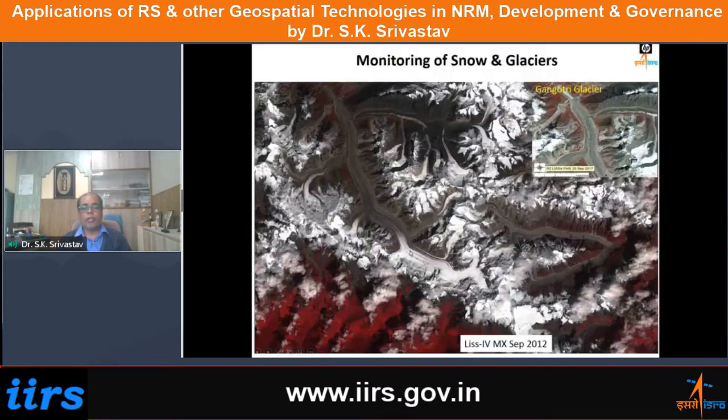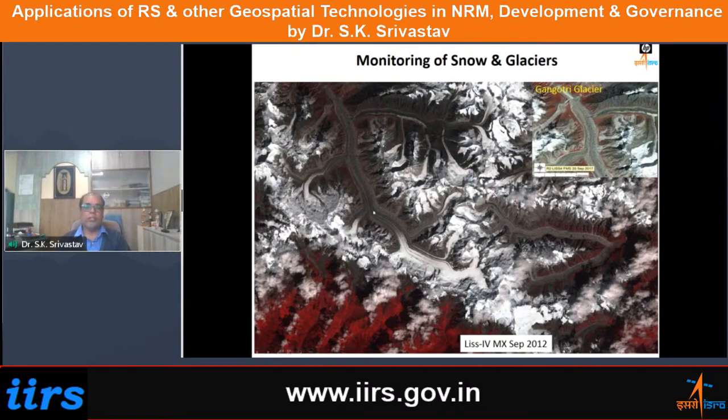This is the image from our ResourceSat satellite, LISS-4 camera multispectral image of September 2012, of an area covering the Gangotri glacier, from where the Bhagirathi river originates.